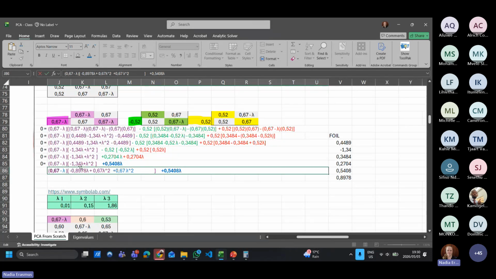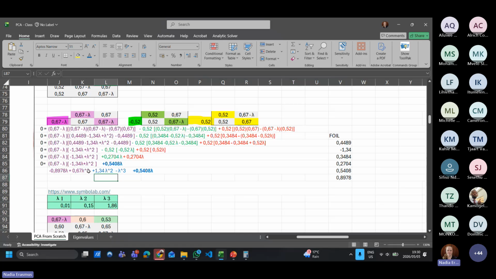Then this one now changes to minus times minus, so it's positive 1.34 lambda squared. And then we have a negative lambda to the power of 3, and that is correct. We need that power of 3. And that is how we calculate this one.